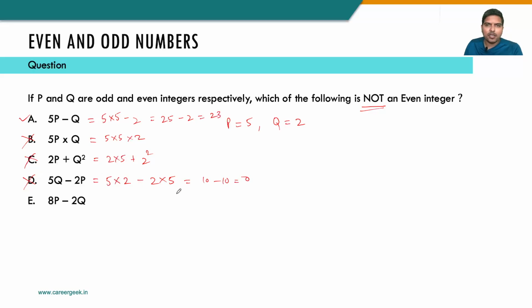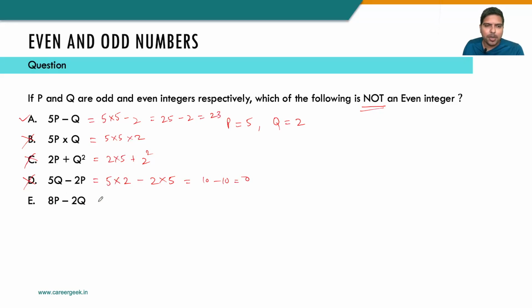Now this is where it gets a bit tricky. I'm sure some of you would have noticed or taken this 5q as 5p, right? So it's important in the exam that you be more aware. This is how the exam is going to give some traps, right?